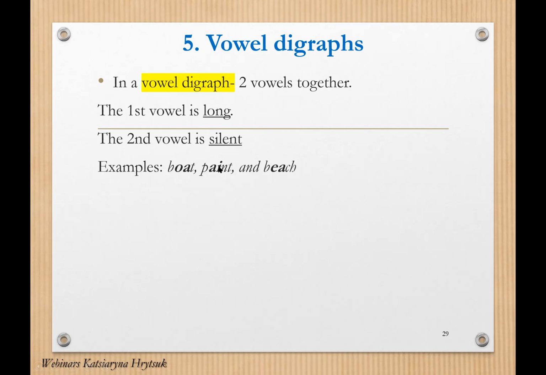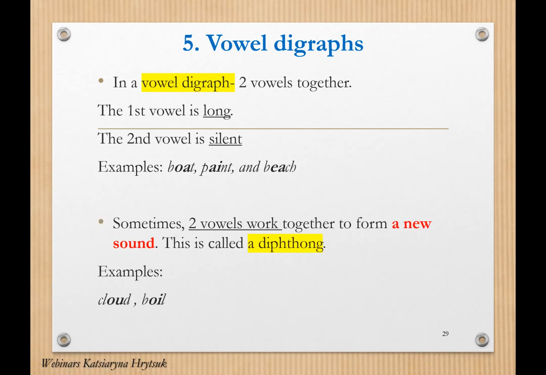We don't pronounce I. Beach, letter E. We read it as E, long, and A is silent. We don't pronounce it.